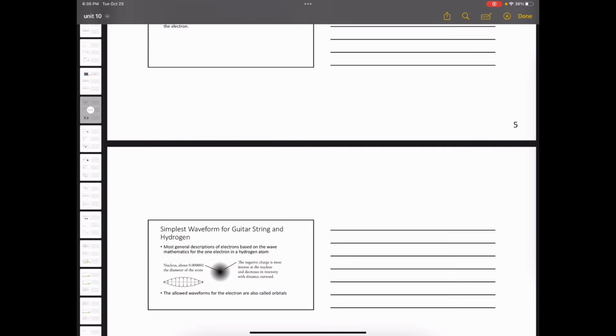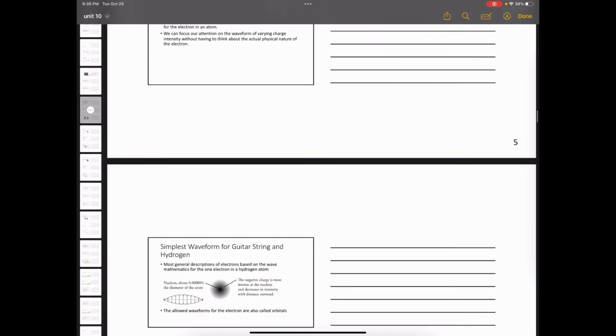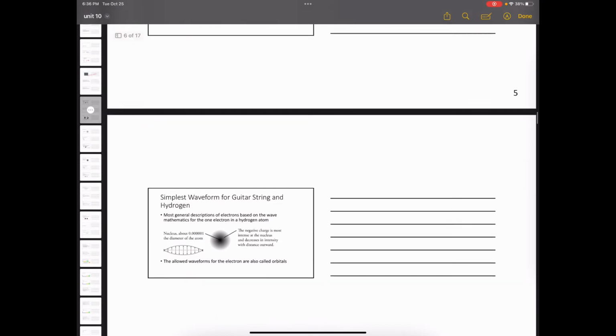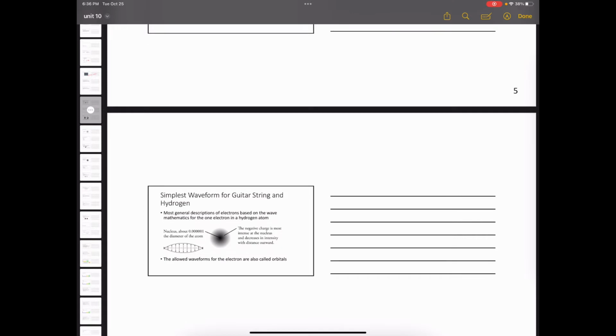So when it comes to studying the electron and applying all these concepts of waveform, shapes of waveform, nodes, and the stationary waveform, the simplest element in the periodic table where we can apply all of them is the hydrogen atom, simply because it has only one electron in its electron configuration.